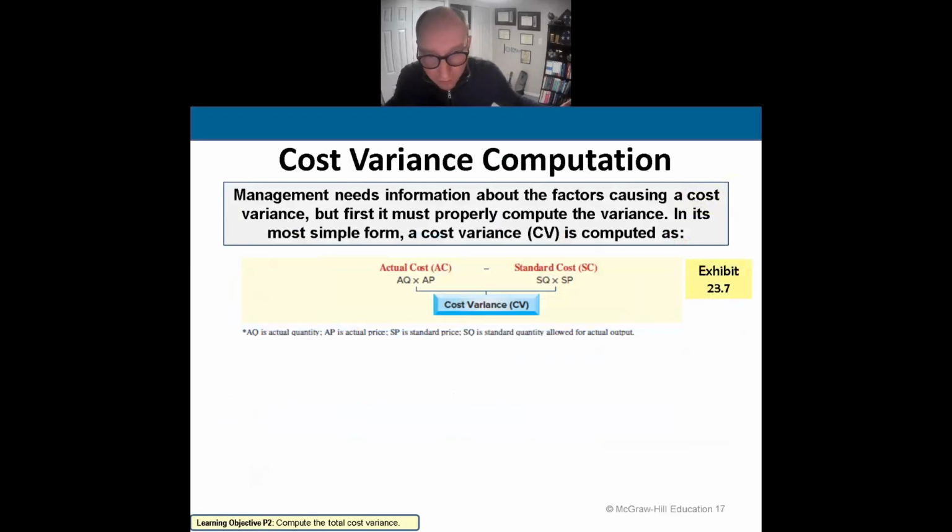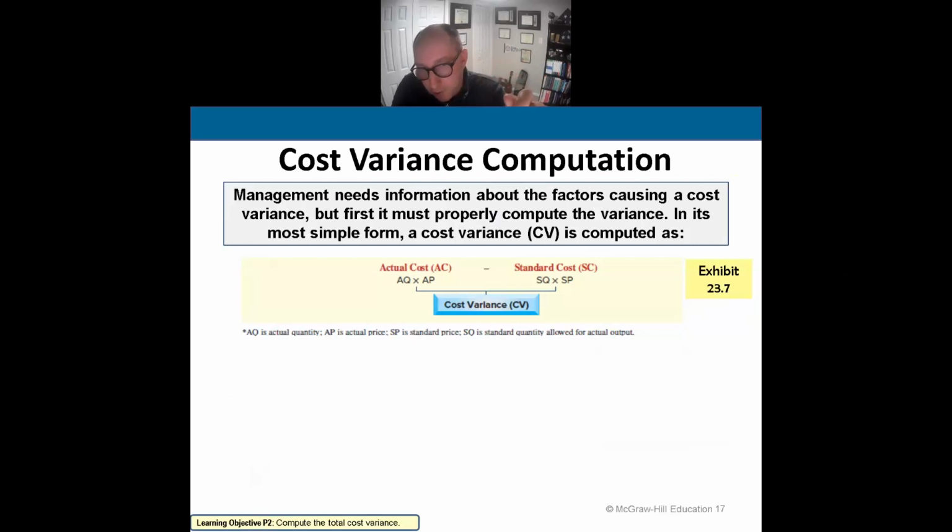How do we compute a variance? Well, it's relatively straightforward. We take the actual cost minus the standard cost. It's a little bit more detailed than that, of course.